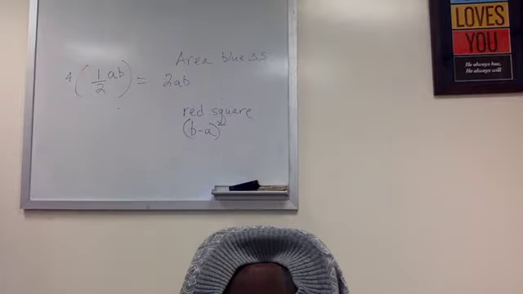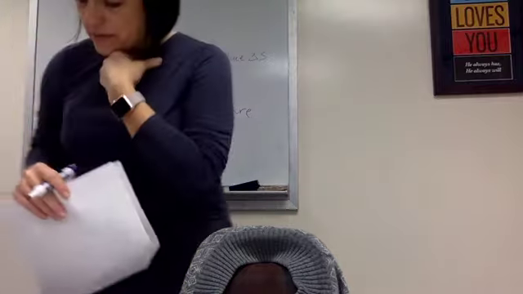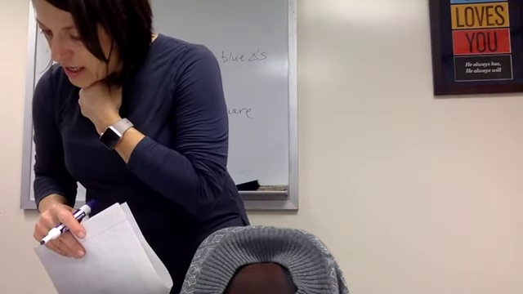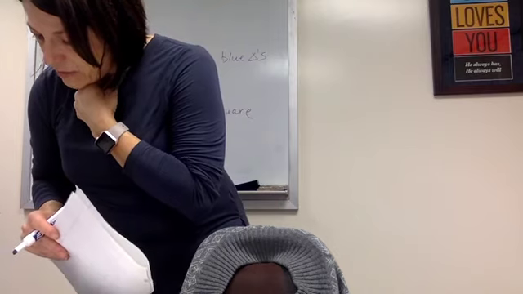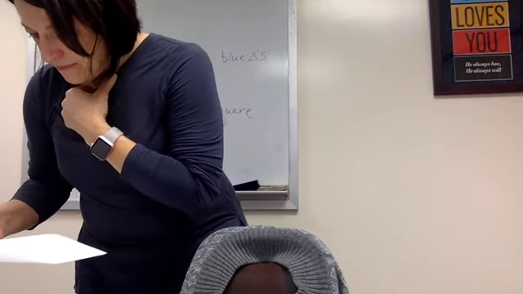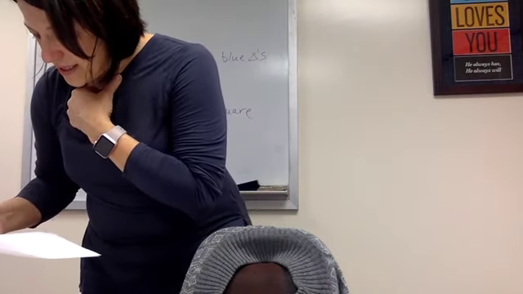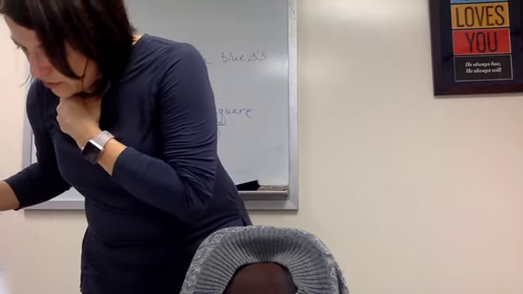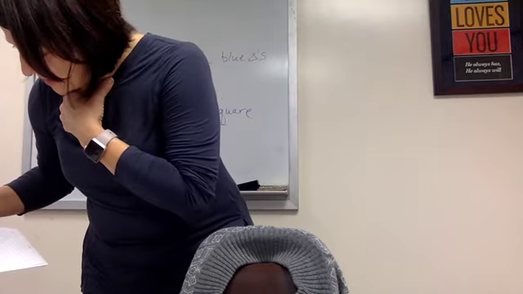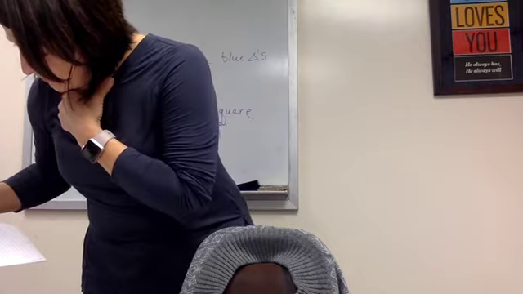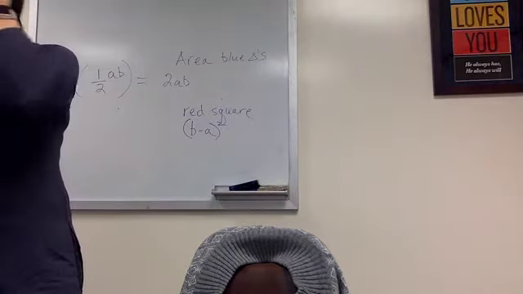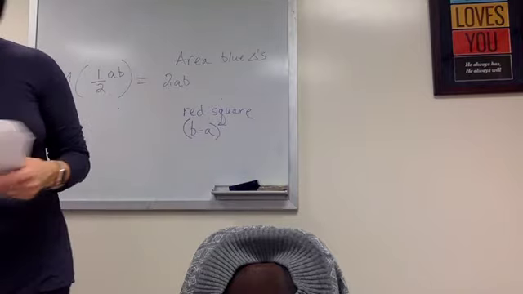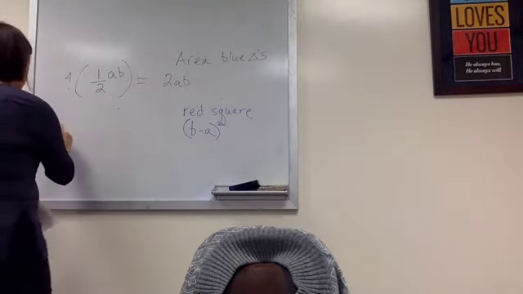Okay, so now the next step, number 2, says use the diagram to show that A squared plus B squared equals C squared. He says it's similar to that proof. So what are we setting equal to each other? What's the area of the whole big square?